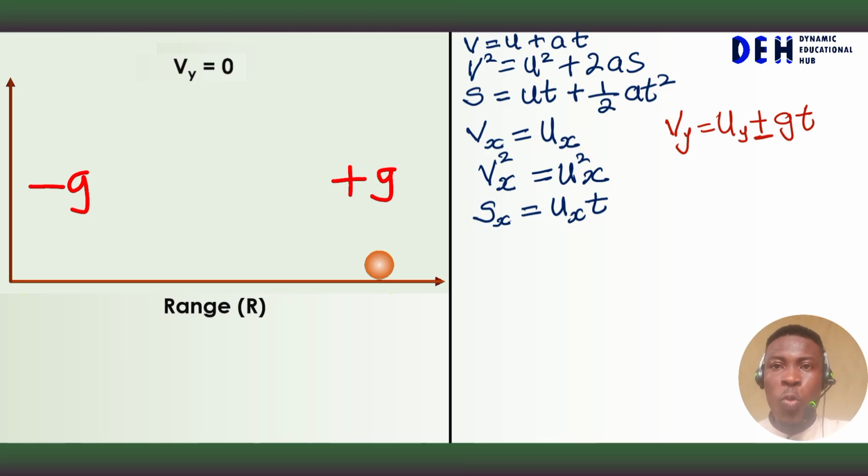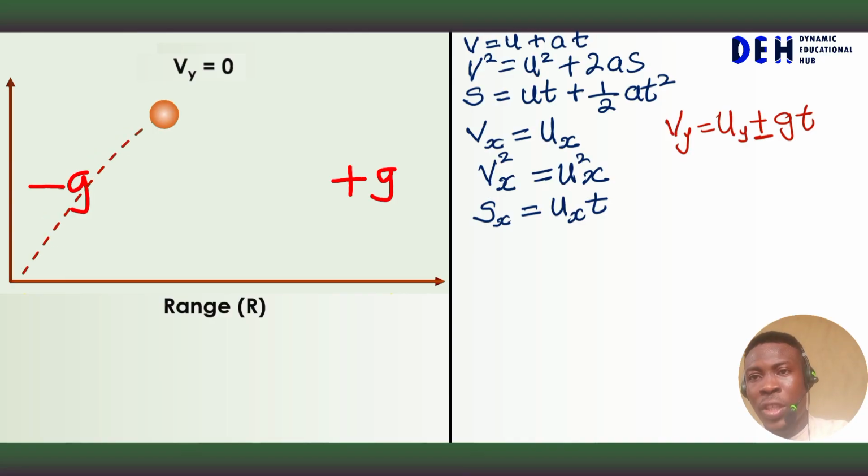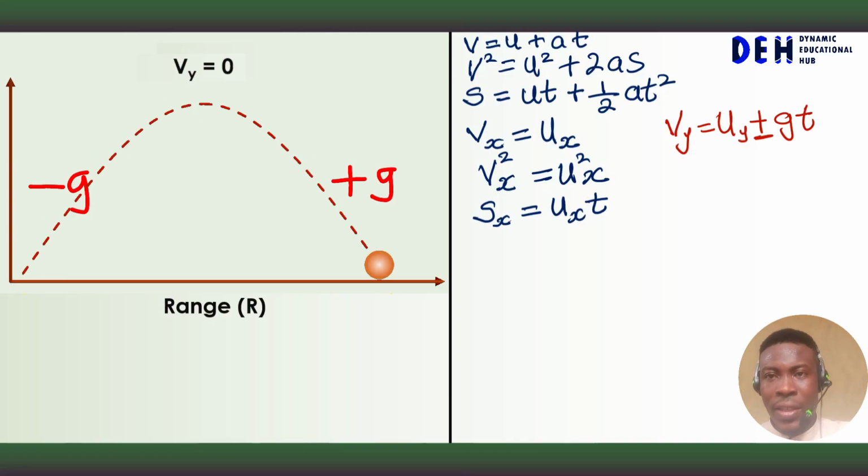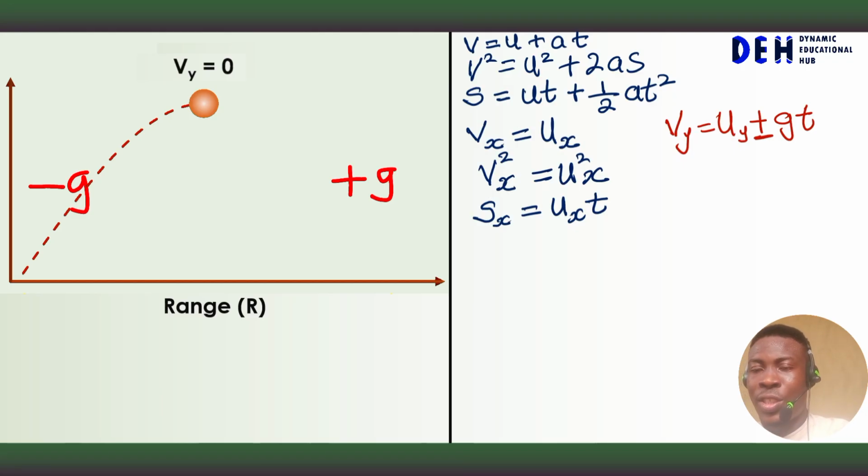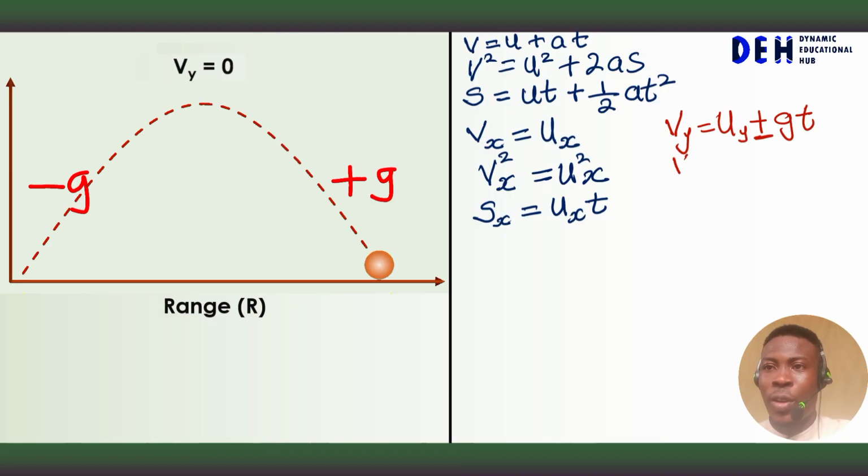So when it moves upward, we have uniform deceleration, negative acceleration, minus g. When it is moving downward, we have uniform acceleration, plus g. It depends on which side you are considering. That is what led to plus or minus. So if you are considering the vertical moving upward, you pick minus gt. If it's moving downward, you pick plus gt. All right, we are good to go.